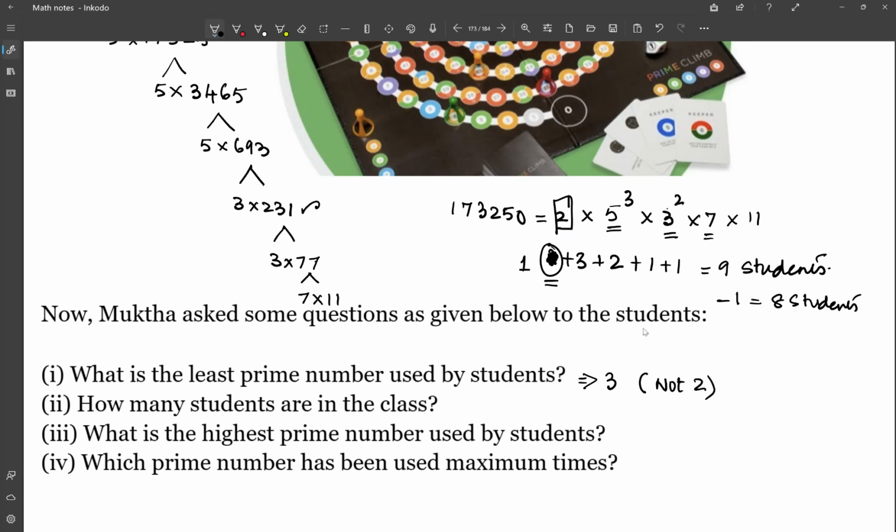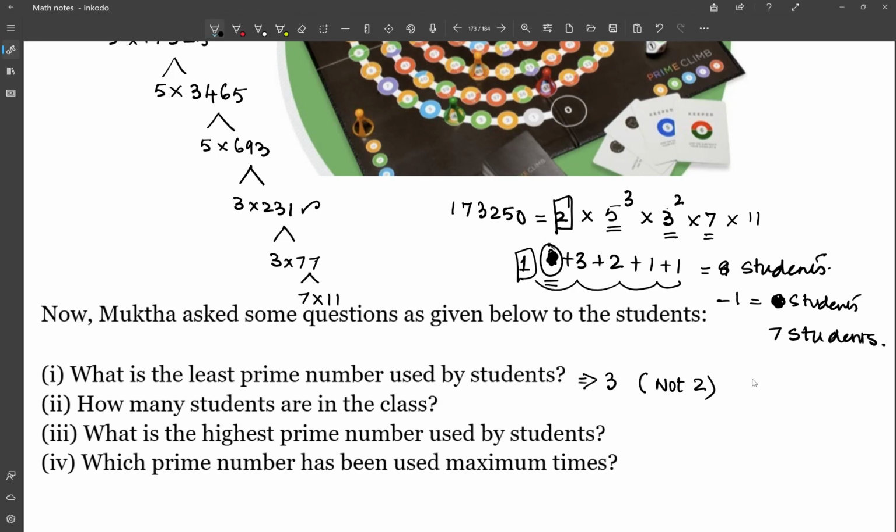I made a mistake earlier. Please make a note of it. This 2 appears just once, which means this is just one number, and 1 plus 3 plus 2 plus 1 plus 1 will be equal to 3 plus 3, which is 6, 6 plus 2, which is 8. So it should rather be 8 minus 1, which is 7 students. So it has to be 7 students.